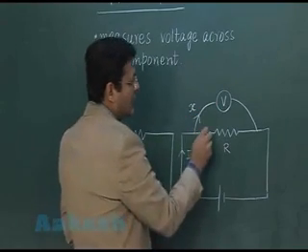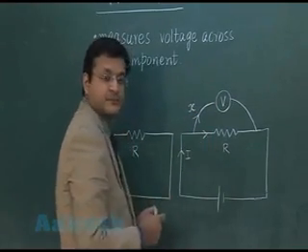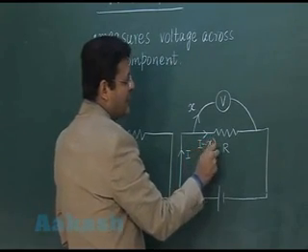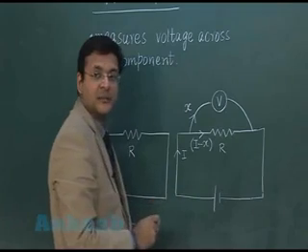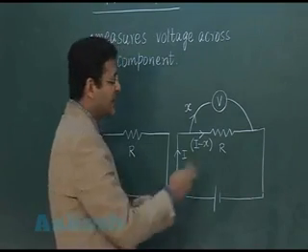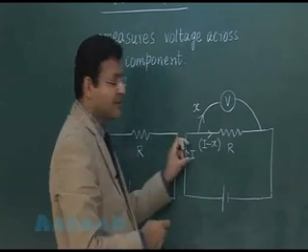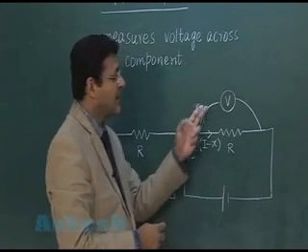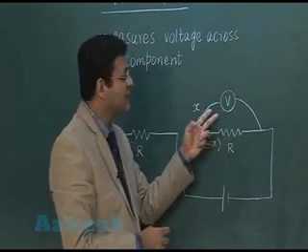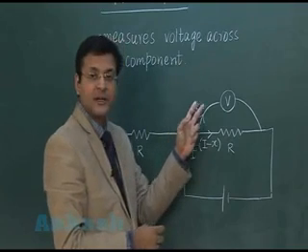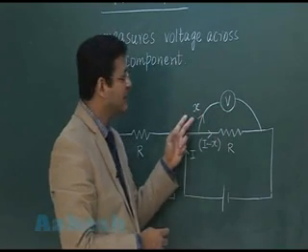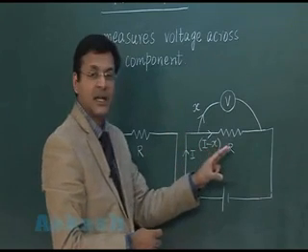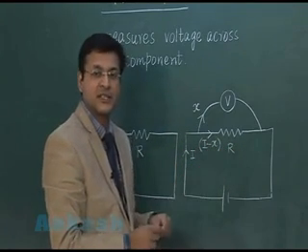Therefore, the rest of the current, that is I minus X, will be going into this main resistor. In the main circuit, assume that the current is not affected. Main circuit current is still I, but in case the voltmeter wants to give a reading, then some amount of current must pass into the voltmeter. We have denoted it by X, and the rest of the current, I minus X, will be passing into this resistor.